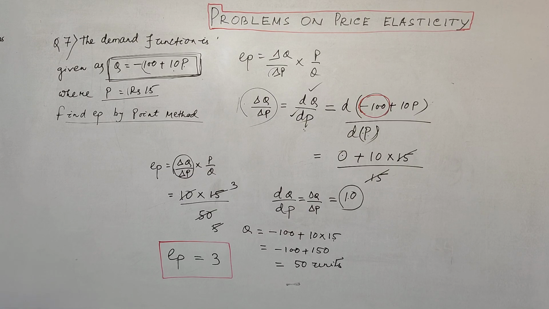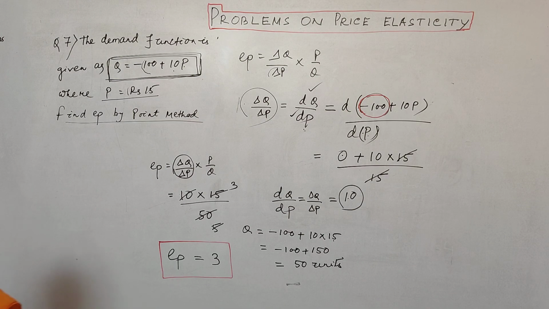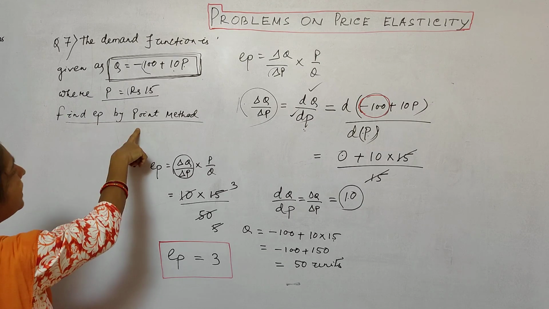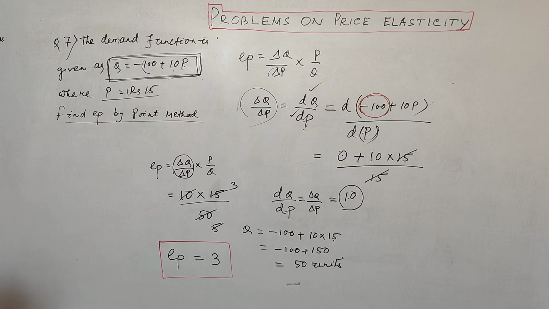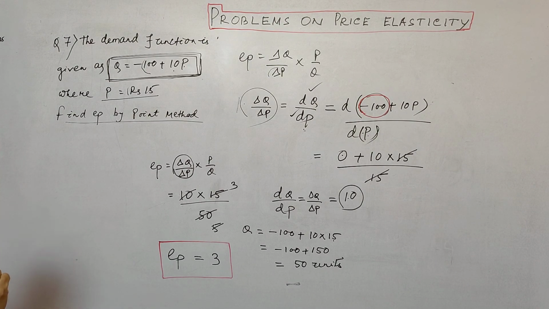This question is given to us in the form of an equation, that means in the form of an equation of a straight line, to find EP by point method. With the point method, because there is a small change, infinitely small change. If there is an infinitely small change in EP, we have to use point method.